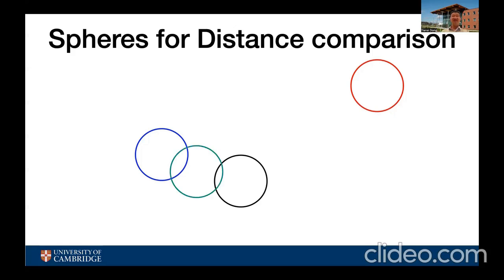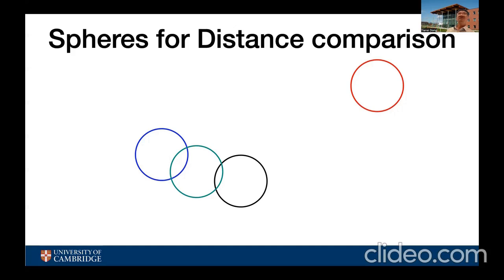The way is to say there is a fourth sphere that can connect with the black sphere and the blue sphere. And this green sphere cannot connect with the black and red sphere, no matter how you move it. This way the green sphere is nearer to the black sphere than the red one. So it uses topological relations to define distance comparison.